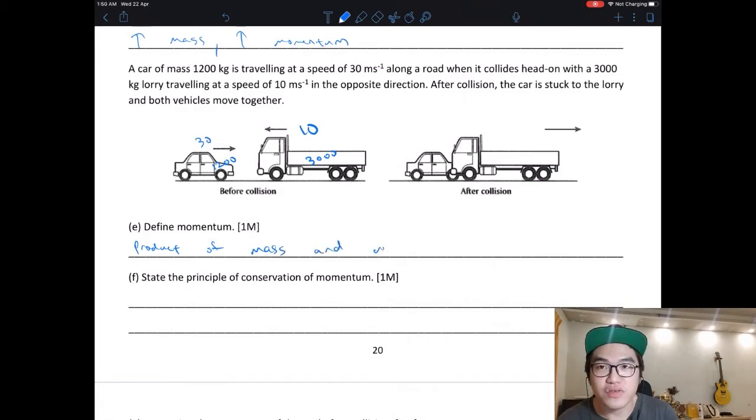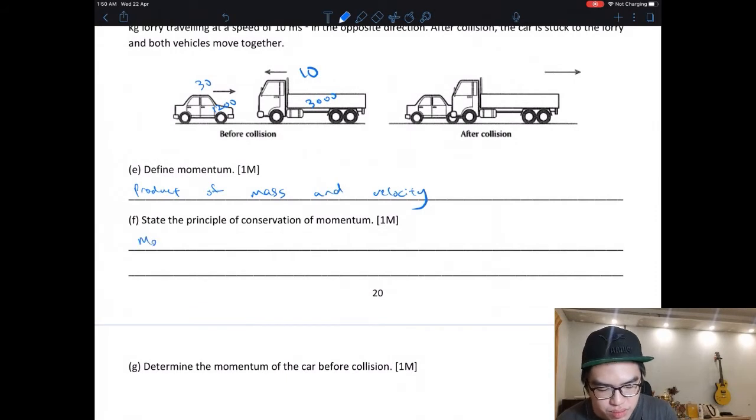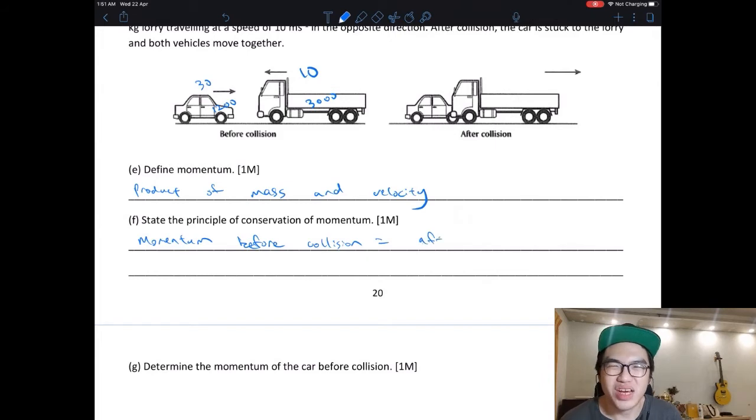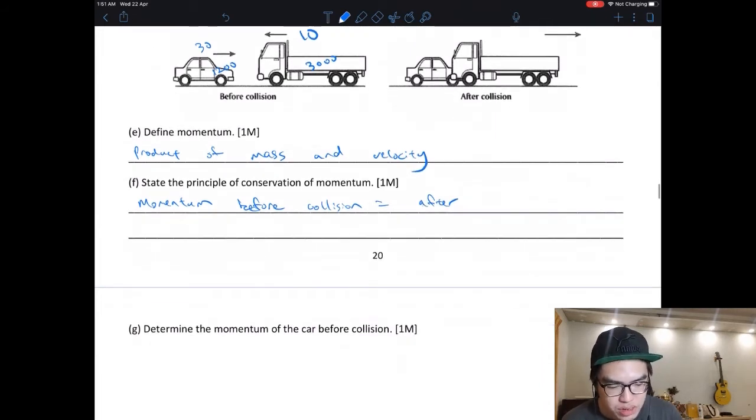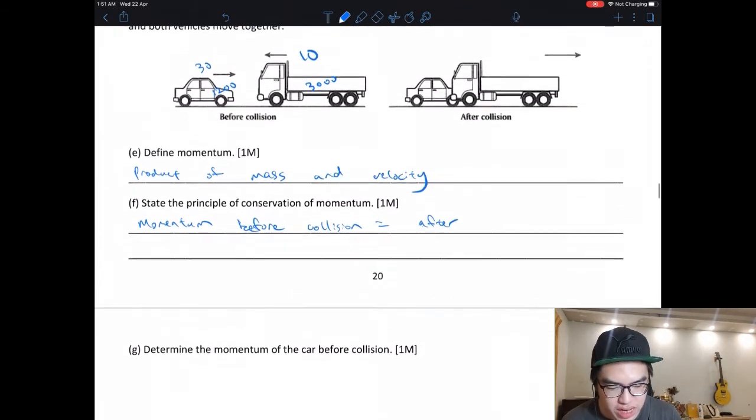So what is the conservation of momentum? Momentum before collision is equal to the momentum after collision. I'm not going to write the full one, you just write the full one in your exam. So determine the momentum of the car before collision.